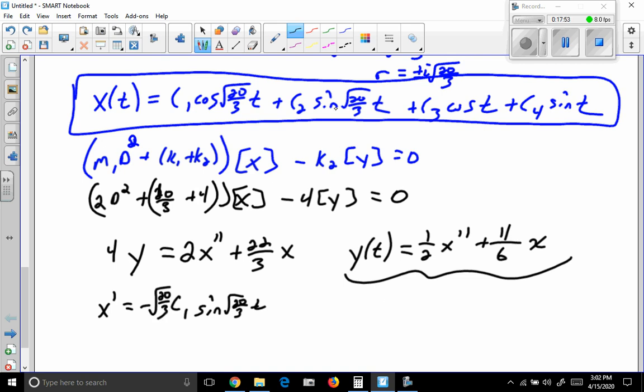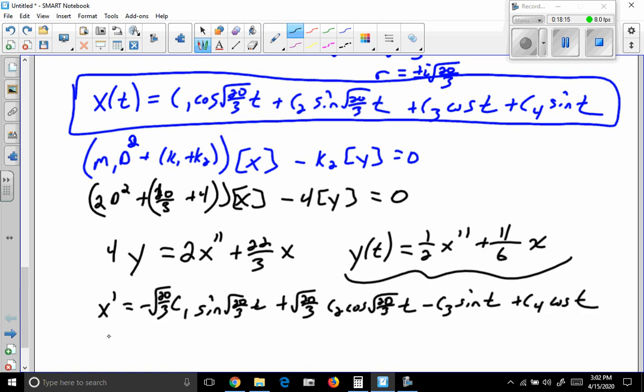Same thing here: the derivative of sine is cosine, times the derivative of the inside, which is root 20 over 3. Here, the derivative of cosine is minus sine, and the derivative of sine is cosine.